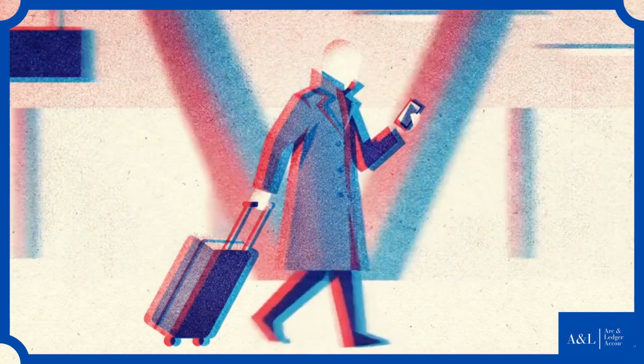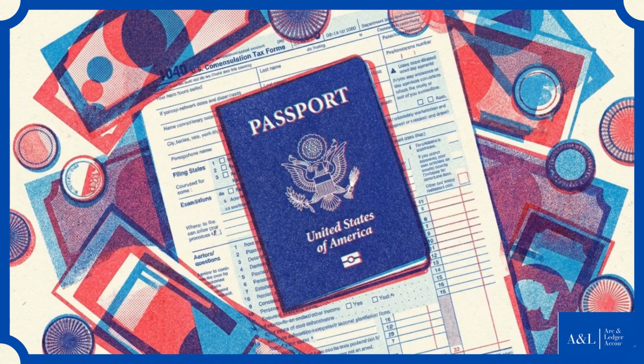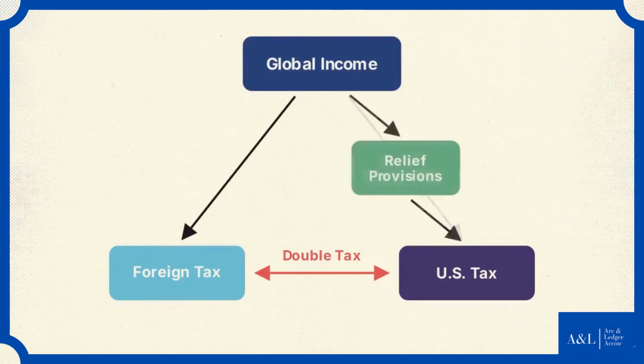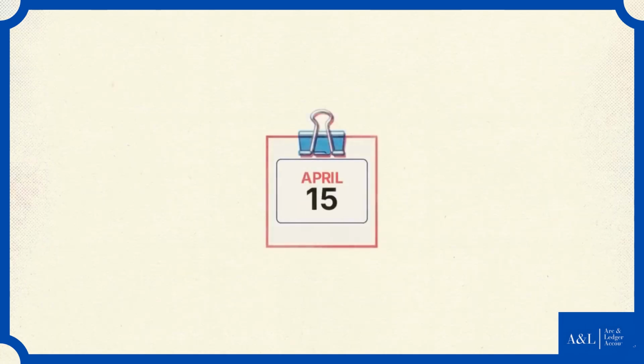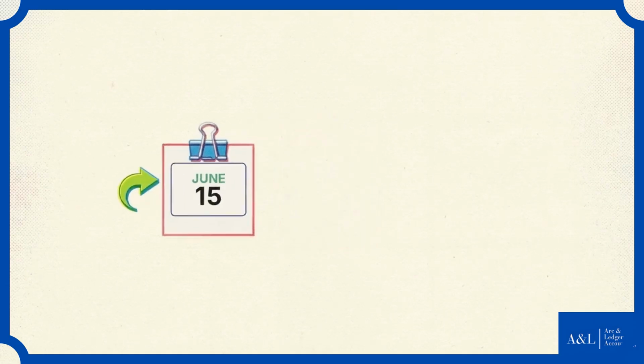While reporting your worldwide income is mandatory, the tax code includes specific mechanisms designed to prevent double taxation. As an initial measure of administrative relief, taxpayers living and working outside the U.S. and Puerto Rico receive an automatic 2-month filing extension, shifting the standard April deadline to June 15th.